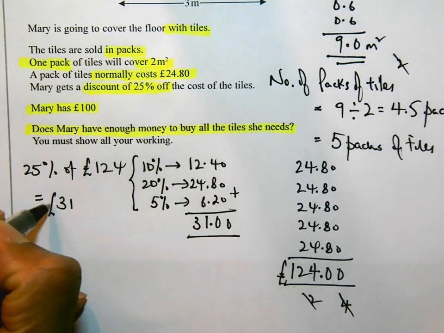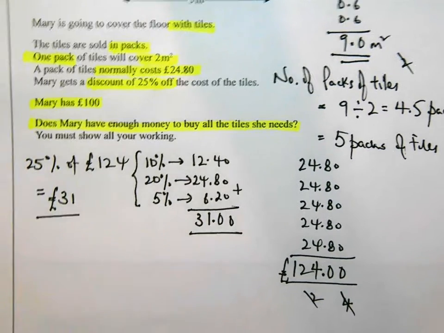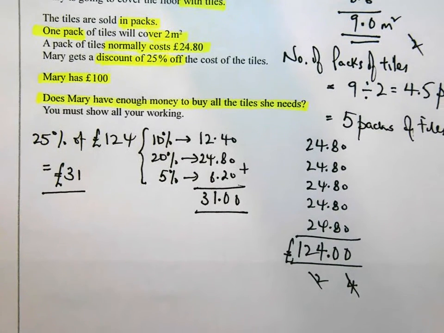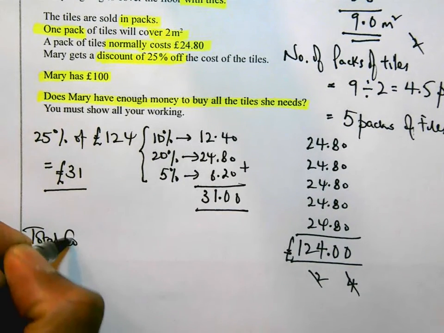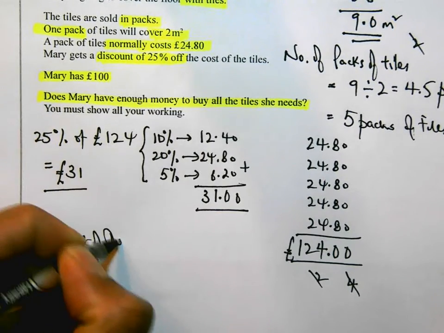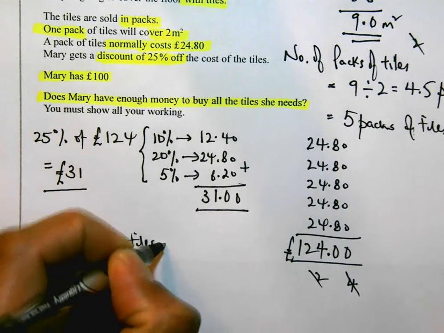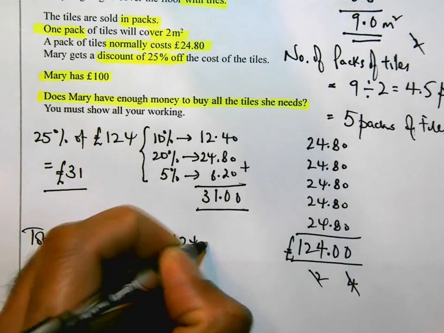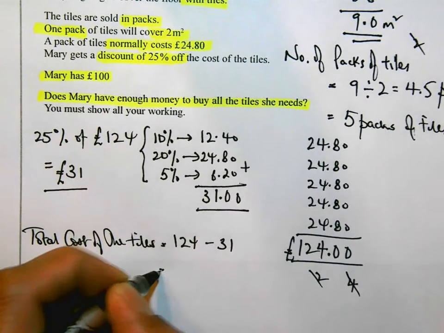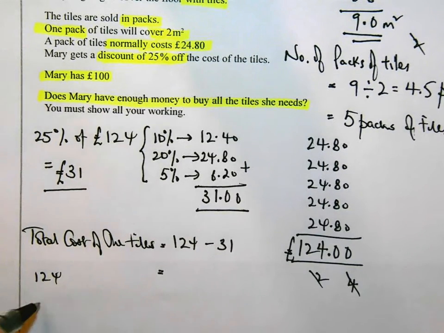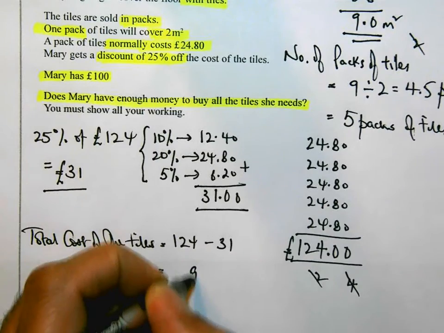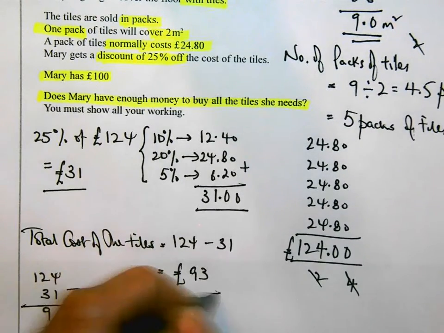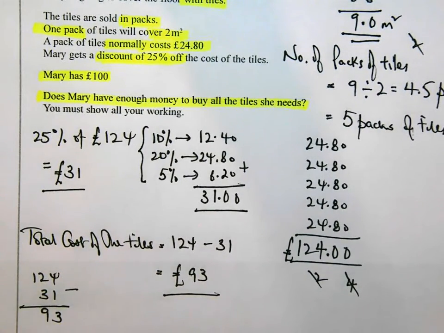So what's going to be the cost of the tiles? So the total cost of the tiles is going to be £124, take away £31. 1, 2, 4, take away 31. 4 take away 1 is 3. 12 take away 3 is 9. That's £93. Okay, so I've got a lot of workings here.